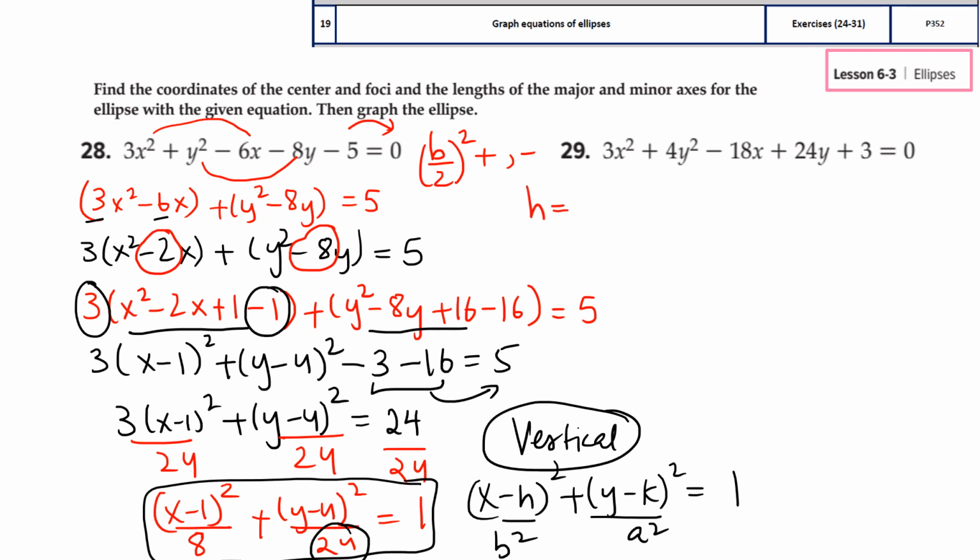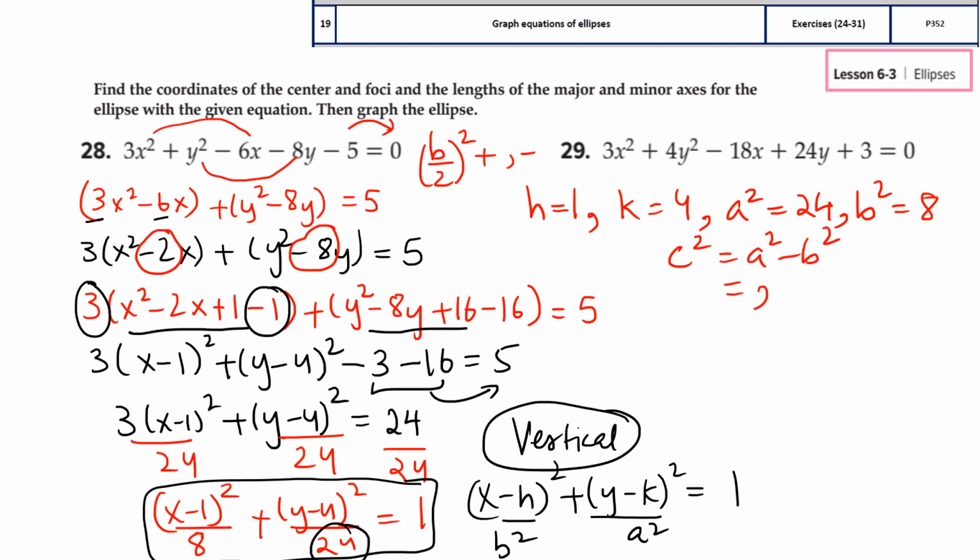H, if I compare, is 1. K, if I compare, is 4. A square is 24. B square is 8. So you can find your c square as a square minus b square. 24 minus 8 is 16. So your c square is 16, or your c is plus minus 4. So you've got all the values.